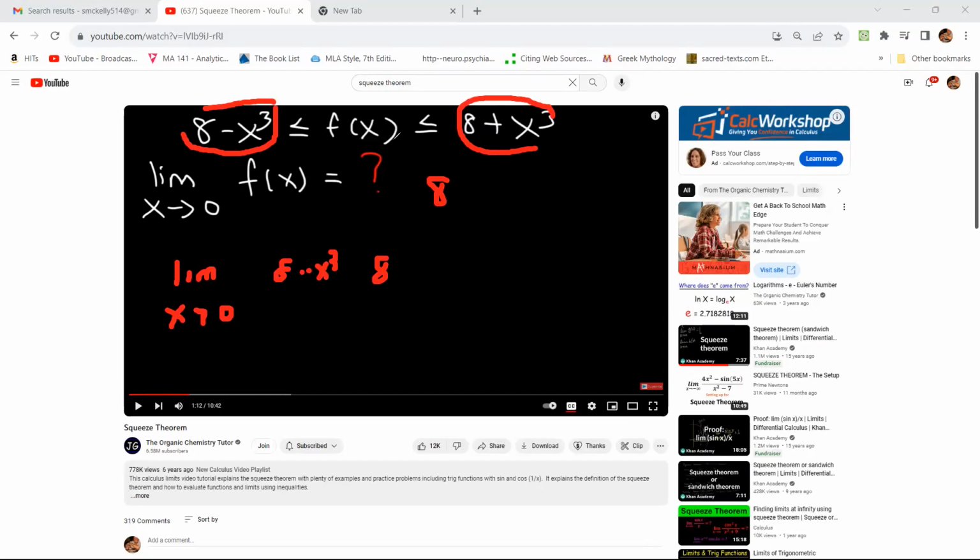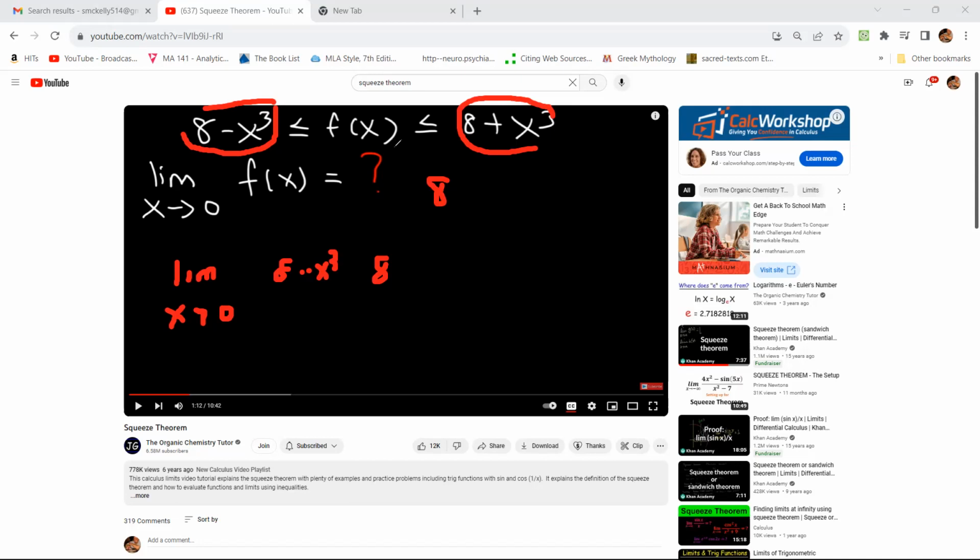You have to find two functions to bind the function you want to find the limit of, or you have to prove it, or be given a graph or something. But the essential idea is once you have these two functions that you can find the limit of, your function is sandwiched between them, and that limit has to be the same. That's what the sandwich theorem says.